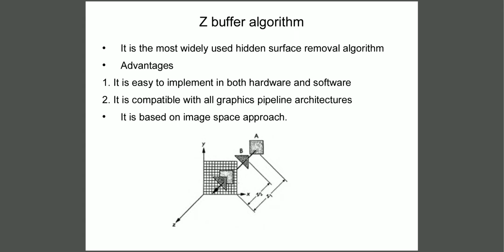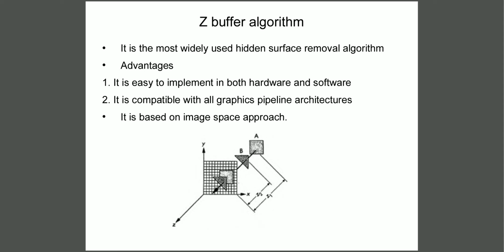When we are displaying the output in a three-dimensional system, we will have two buffers. One is known as the color buffer, the other one is known as the depth buffer. The color buffer will store the information regarding color of a particular primitive or polygon. The depth buffer will store the depth information, or z coordinate value, of a particular entity or polygon.